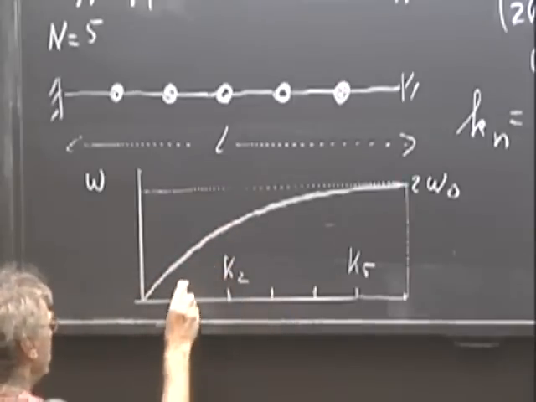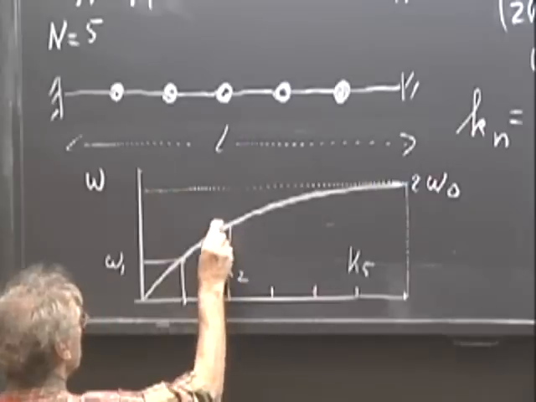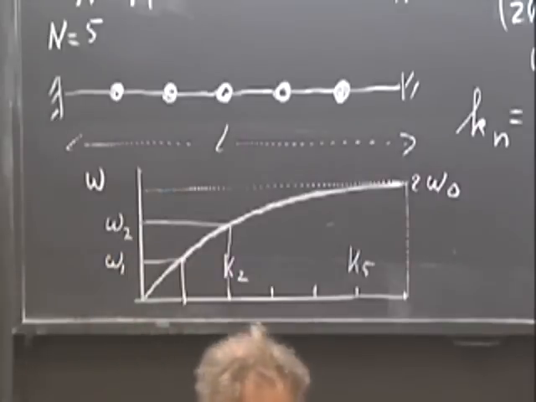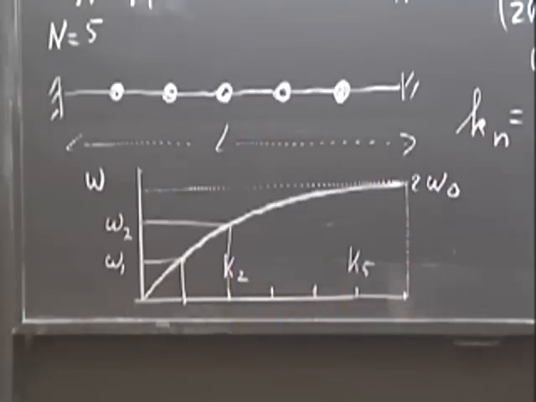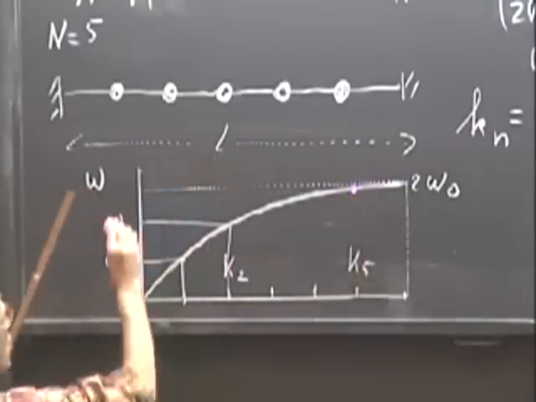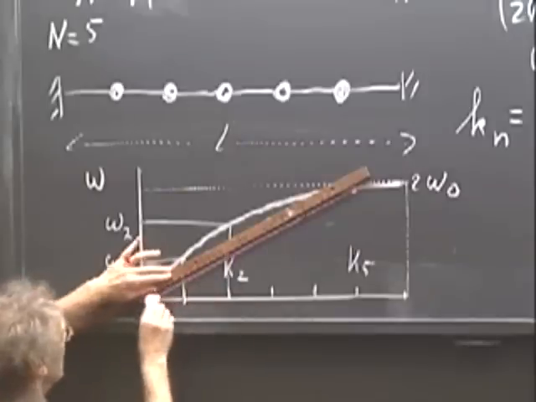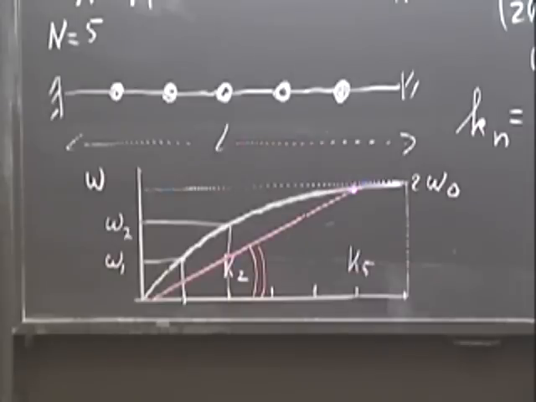So for k1, this is omega 1. For k2, this is omega 2, and so on. So you can immediately see that the speed of propagation in the fifth mode is lower than the speed of propagation in the lower modes, because this point here, which is k5 connected with omega 5, I can connect that with the origin, and then this angle is a measure for the speed of propagation, because the speed of propagation is omega divided by k.